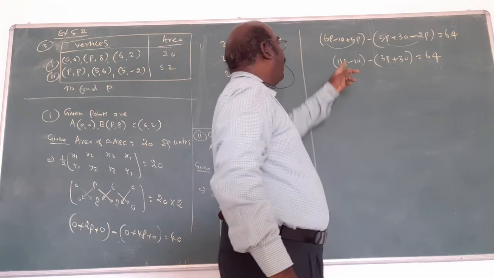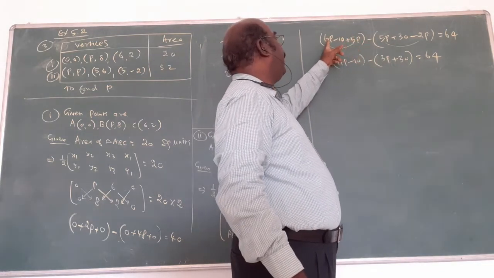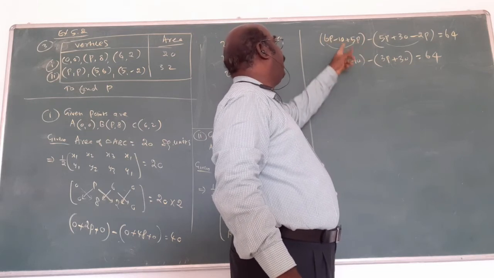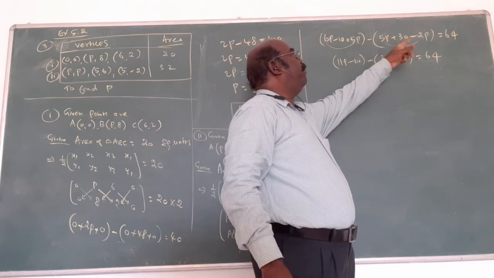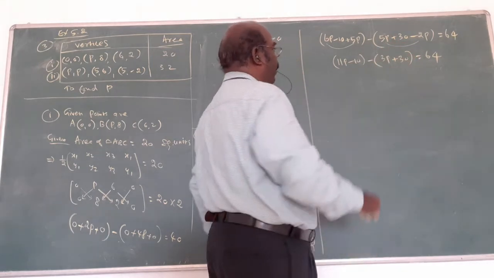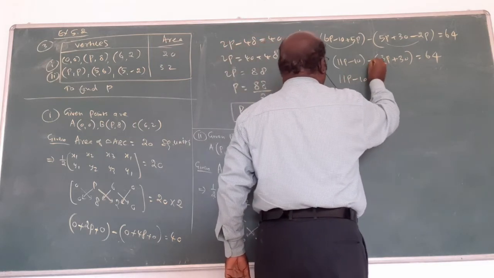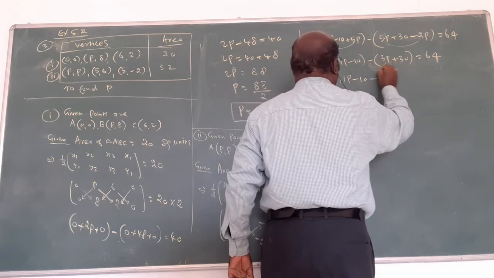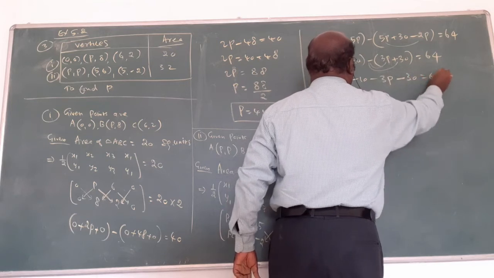This means that what? Adding like terms. You will combine 6p and 5p: 6p, 5p, 11p, 10 with no change. That is 5p minus 2p, 3p. Now remove the bracket. 11p minus 10 minus 3p minus 30 equal to 64.